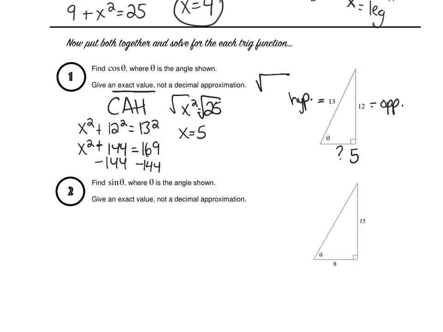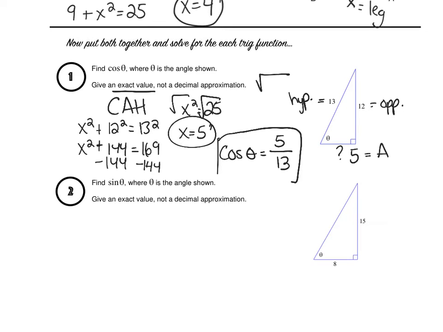So when we write our final answer, we're going to say cosine theta is equal to, the adjacent is 5, so that's your A, and over the hypotenuse is 13. And we're just going to leave it like that. So this is your final answer. You just need to write it as a fraction. This one doesn't happen to ask for the square roots.